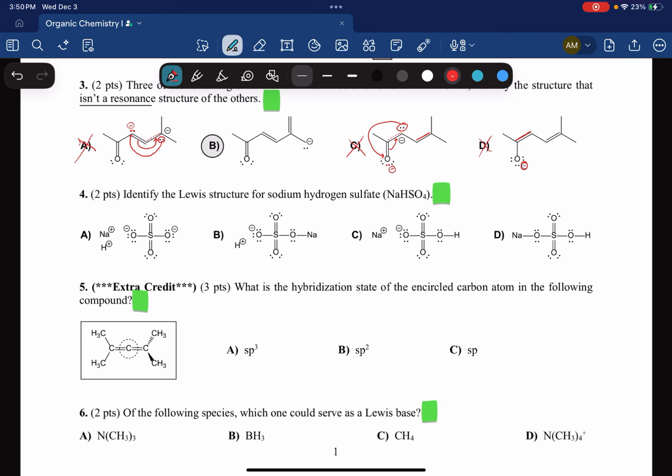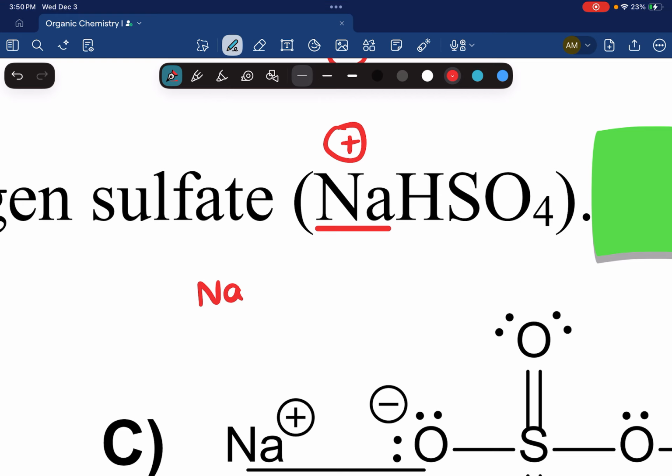Okay, we're looking for the Lewis structure of sodium hydrogen sulfate. The number one thing, when you see a cation, it does not form a real bond. It's going to float off to the side of whatever it's supposedly connected to, right?